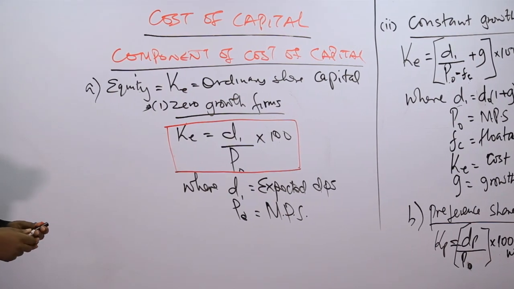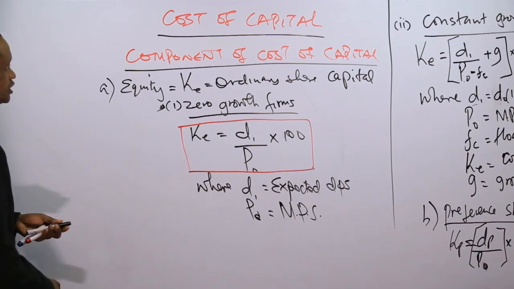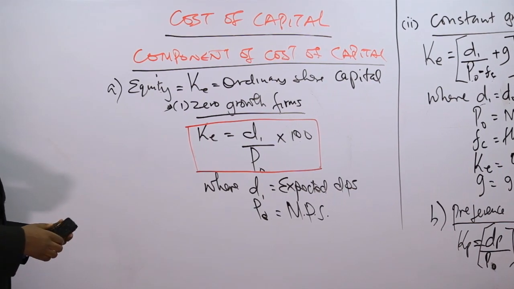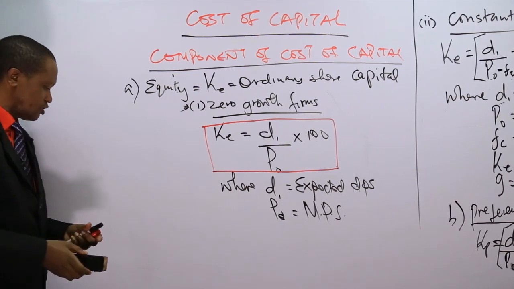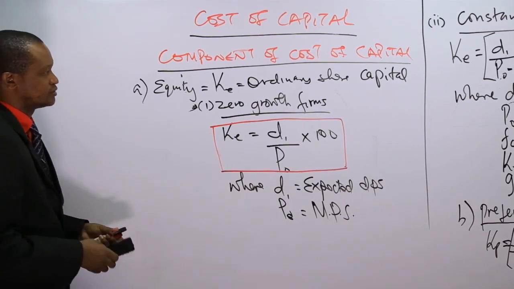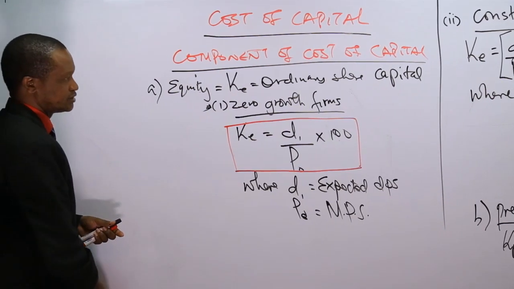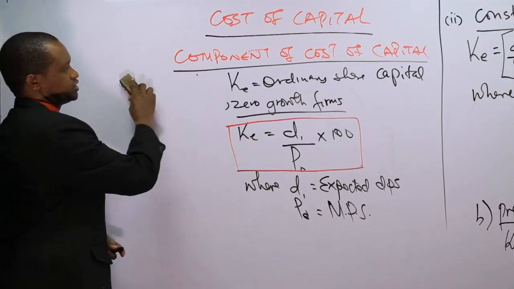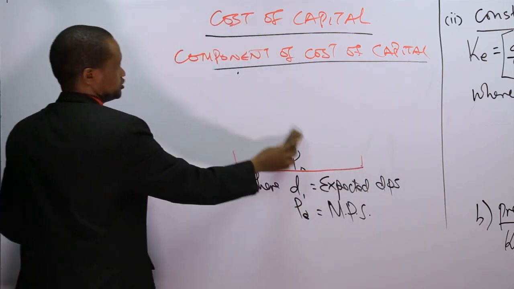Then we can look at the third element. The third element is the cost of debt, the cost of debt or debentures.